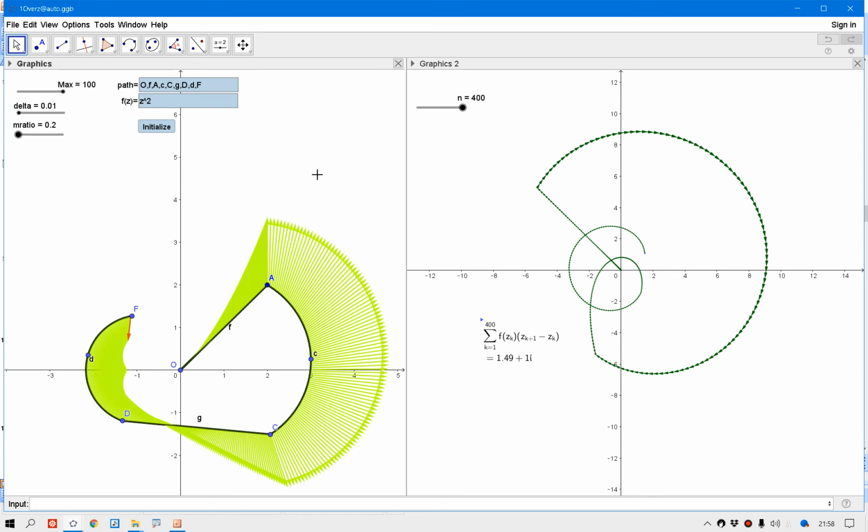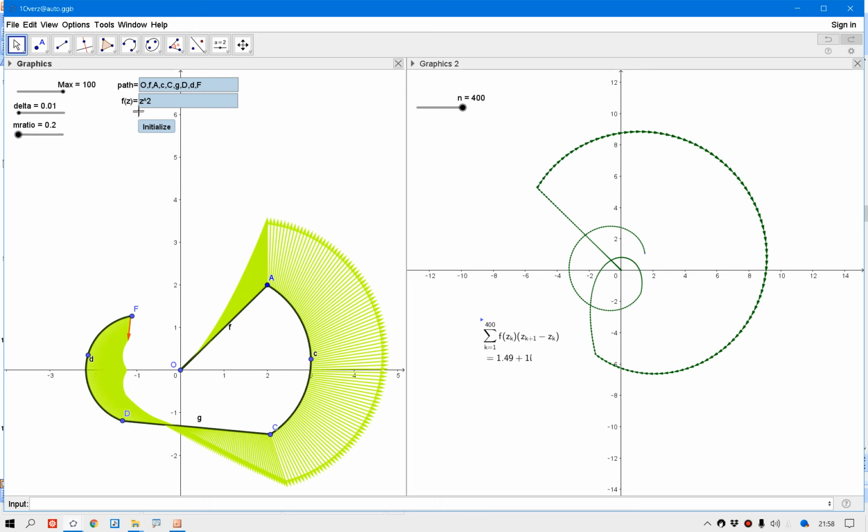Now we can find the value of this integration, which is the same integration as last time. Last time we discussed that it is very difficult to find the value if we follow the definition of the integration. f(z) equals z squared, and the curve is here.